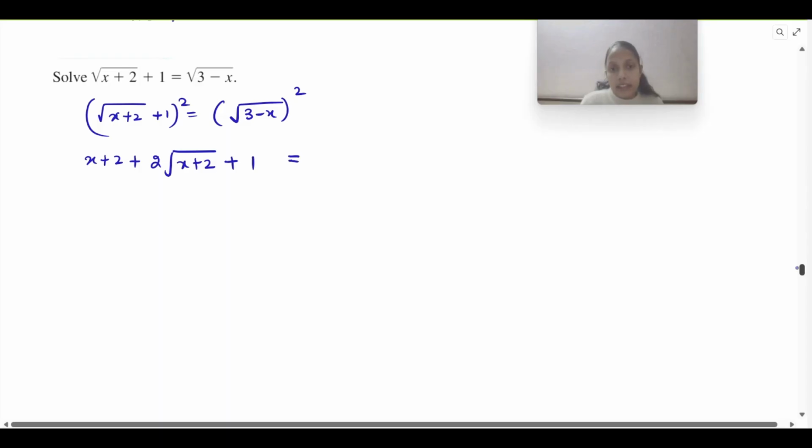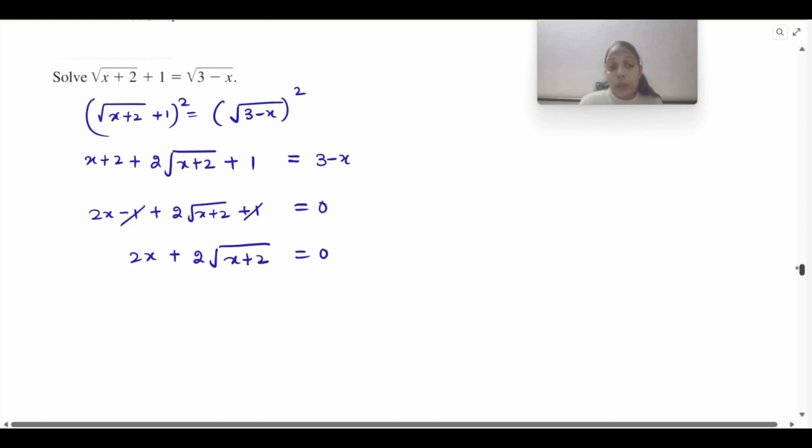Square and root cancel, so 3 minus x. You can add x on both sides, it's 2x. Subtract 3 from both sides, it's negative 1. Plus 1, negative 1, cancel. 2x plus 2 square root of x plus 2 equals 0.